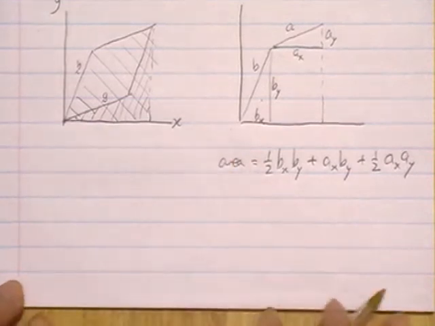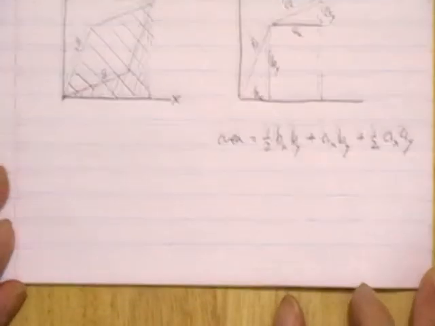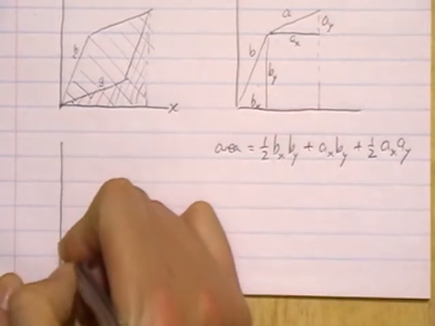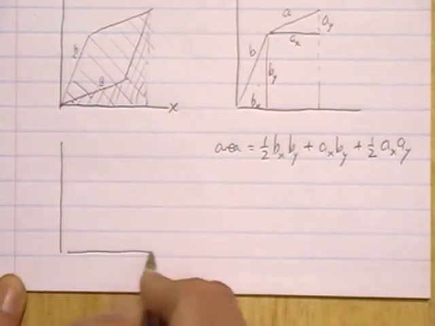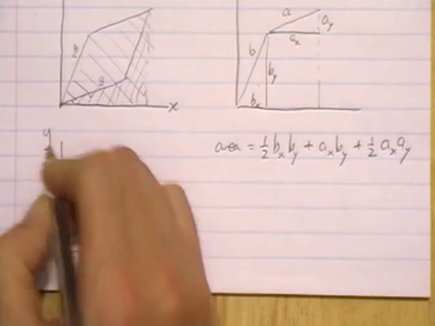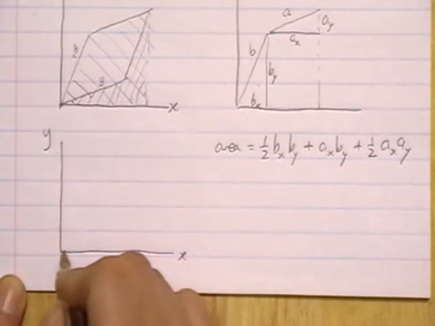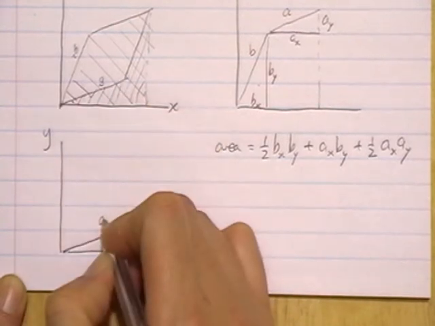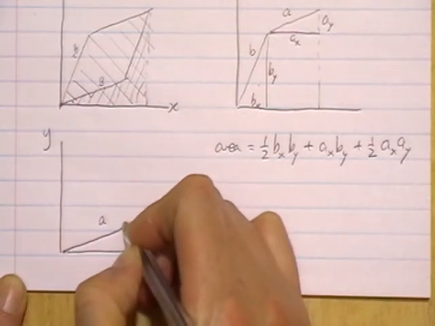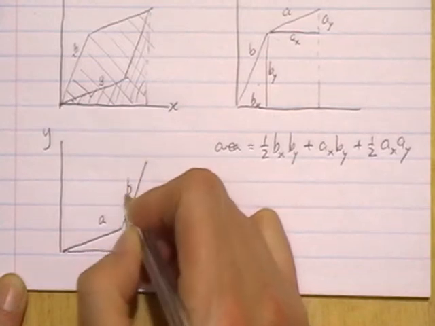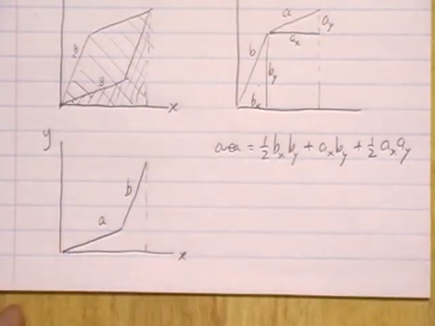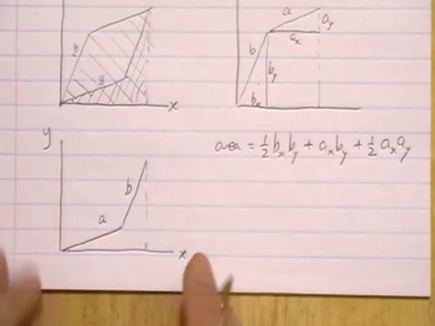Okay, let me try and draw that part out on its own. It looks like that. That's the A. That's the B. That's the area we want to find.